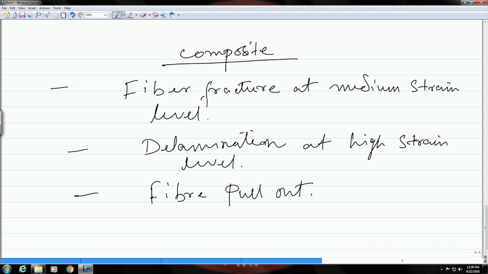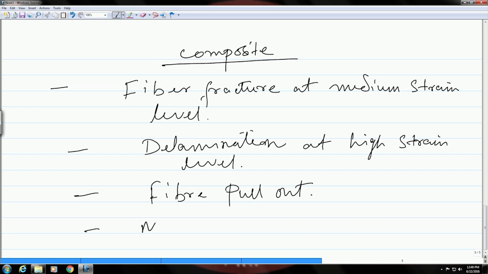These fibers will simply pull out from the matrix, leaving behind some voids. So, that kind of event can also generate these stress waves and will lead to acoustic emission.